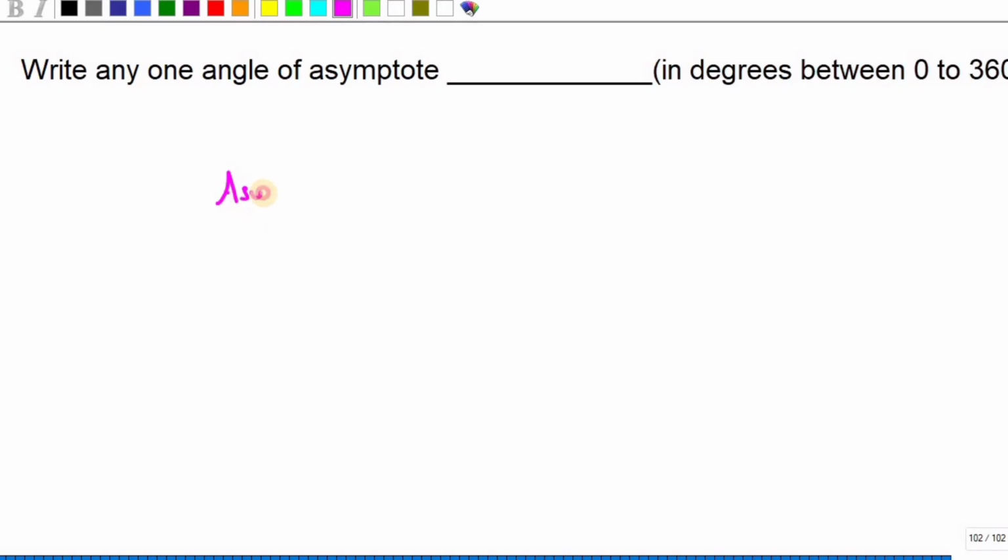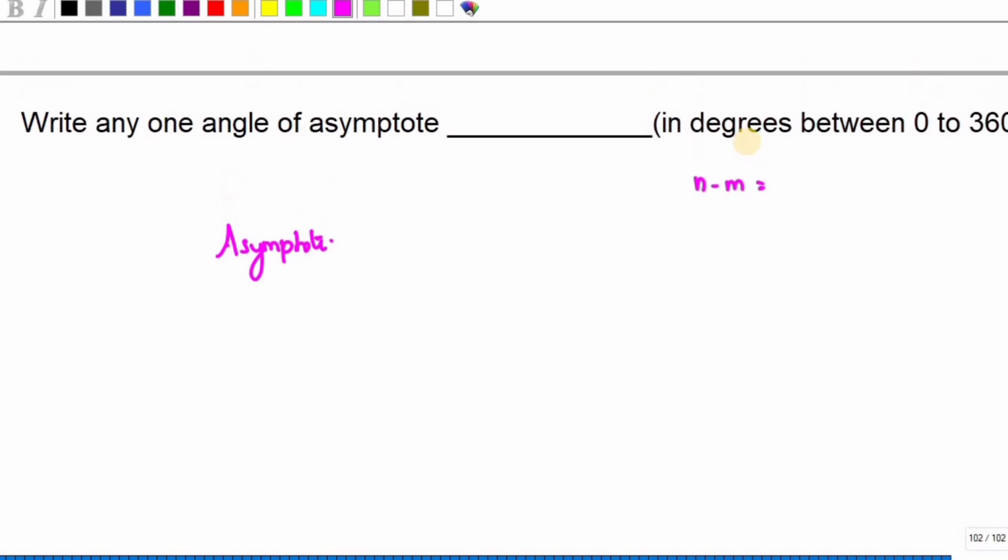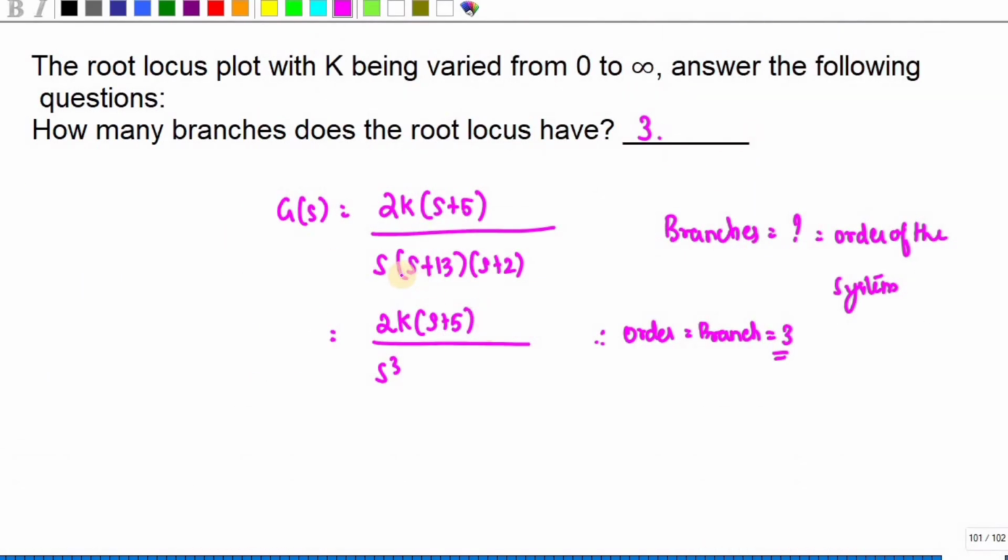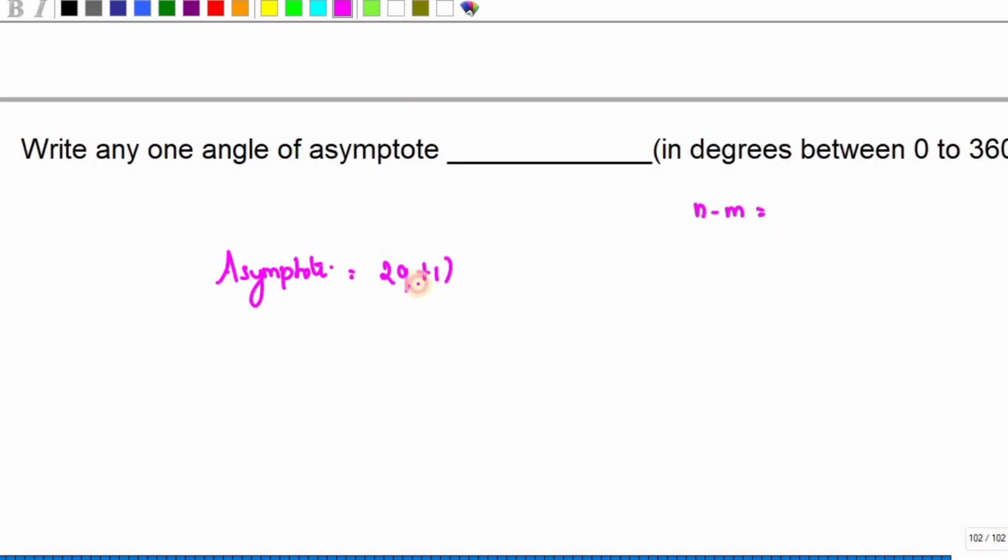The second question is to write any one of the angles of an asymptote. The asymptote formula: here the number of poles n is 3 and the number of zeros m is 1, so n minus m is 2. The formula is (2q+1) times 180 degrees divided by n minus m.